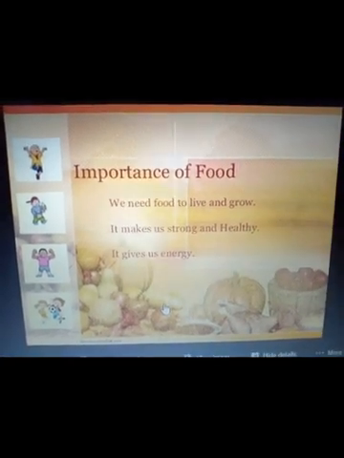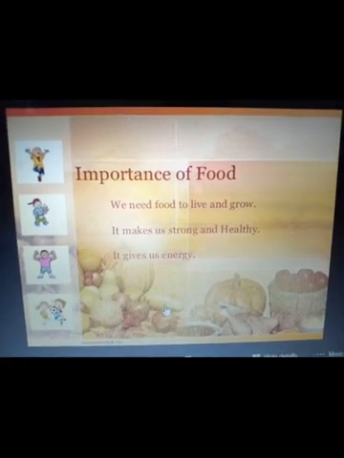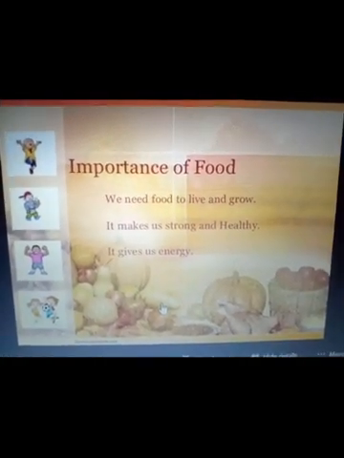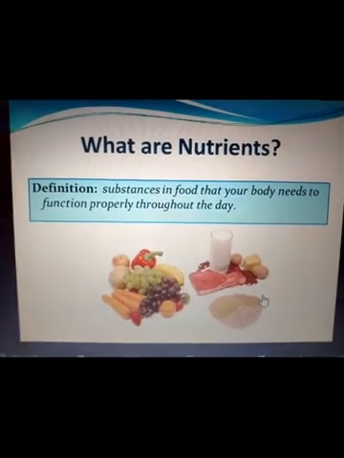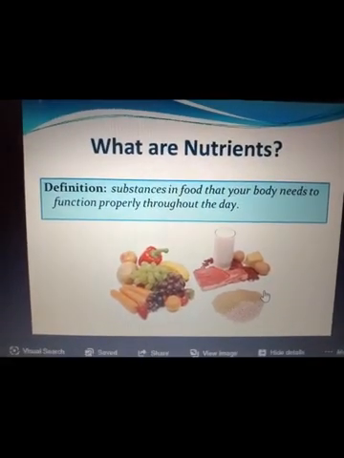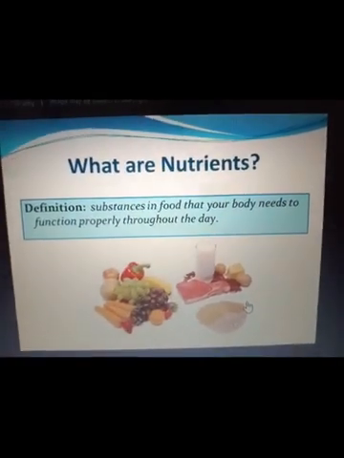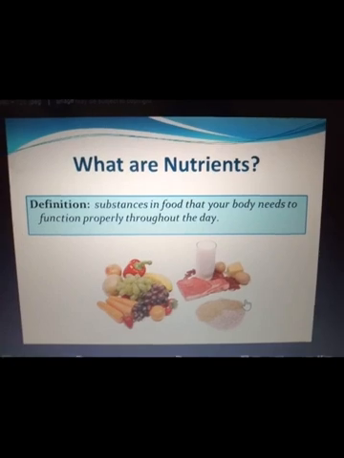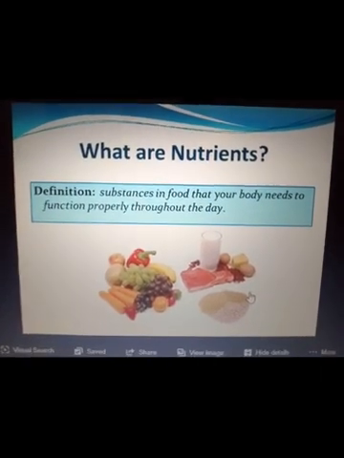Plus it gives us nutrients which keep us healthy by protecting us from diseases. Now, what are nutrients?